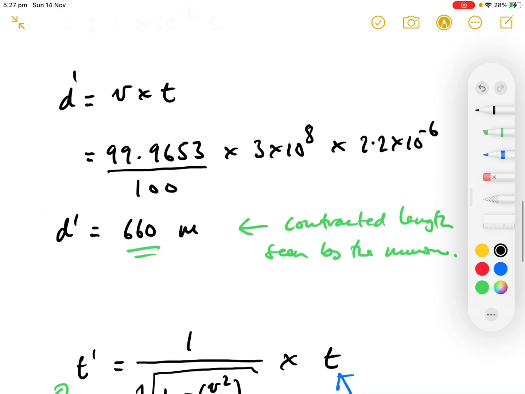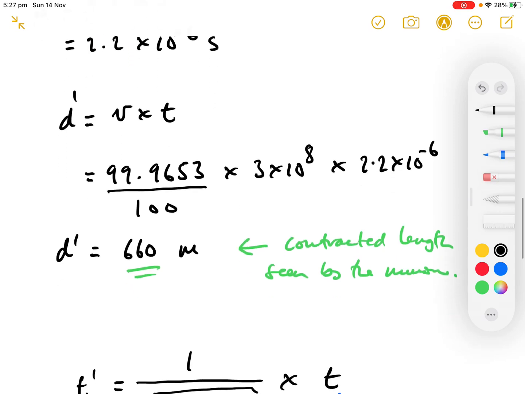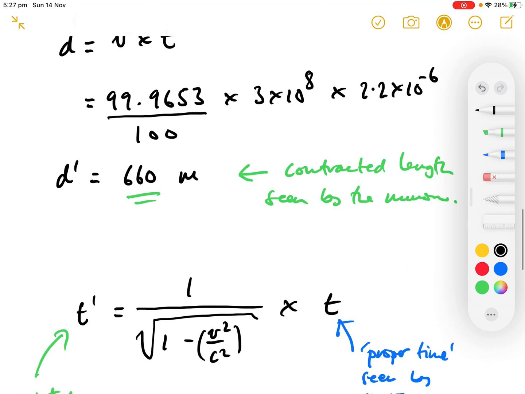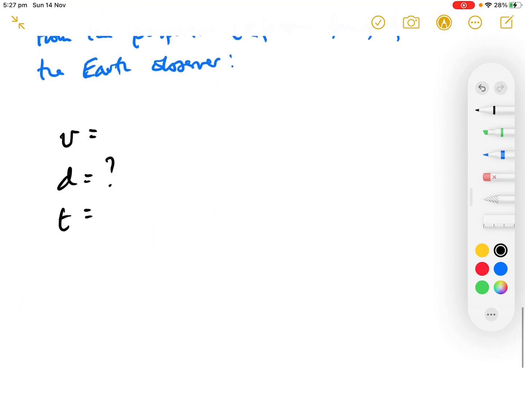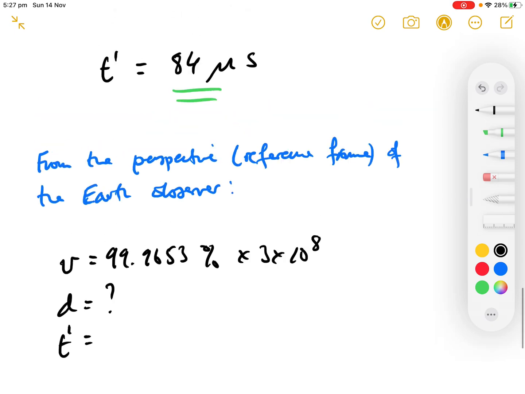We know the relative speed is the speed that we've got up here, 99.9653% of c. So that's 99.9653% of 3 times 10 to the 8.